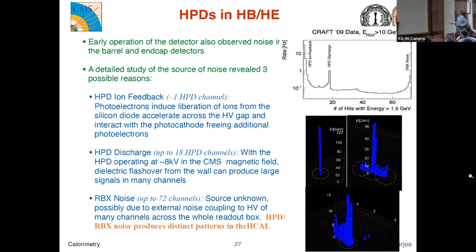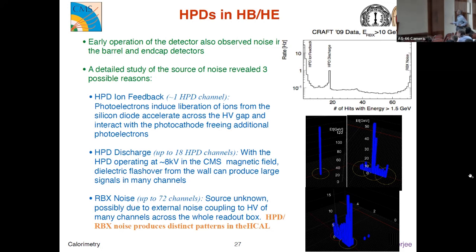That means the photoelectrons induce liberation of ions from the silicon diode, which accelerate across the high voltage gap and again produce electrons and ions in the photocathode. So that gives rise to the so-called feedback.